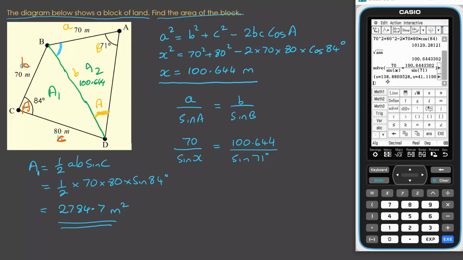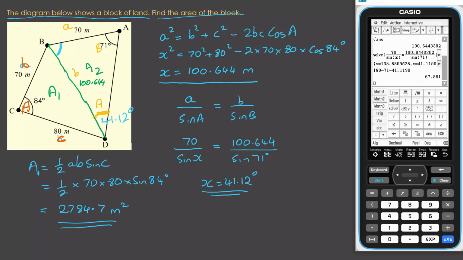And that's better. It can't be the 138 because the other angle is 71, so that would be bust. It's got to be the 41.12. So we know that this one is 41.12 degrees. And so the third angle there is just going to be 180, take away 71, take away the angle that we just found, which is 67.88.